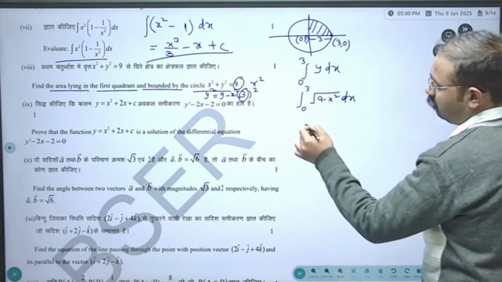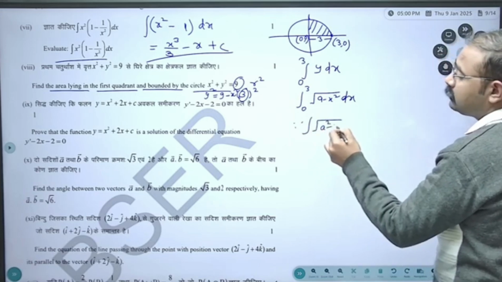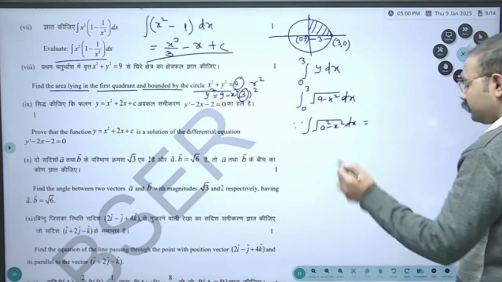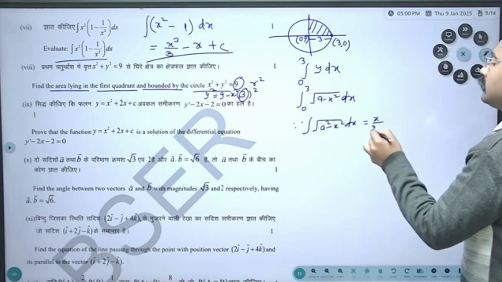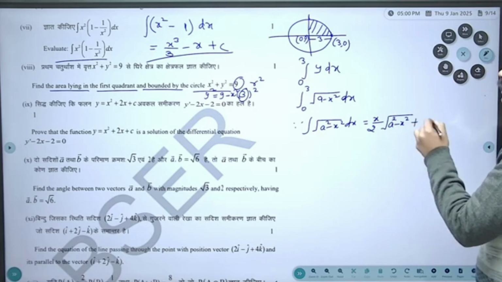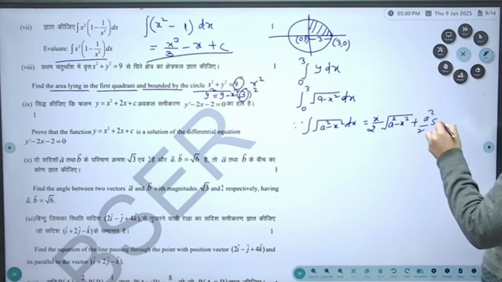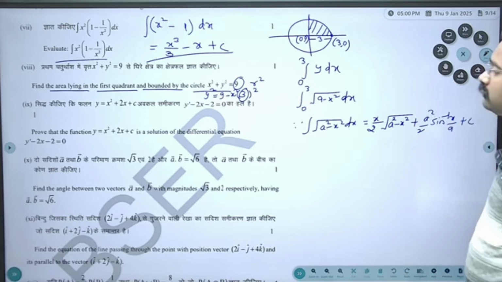Now integration of square root a square minus x square dx is equals to, what will be, x by 2 root a square minus x square plus a square by 2 sine inverse x upon a plus c.